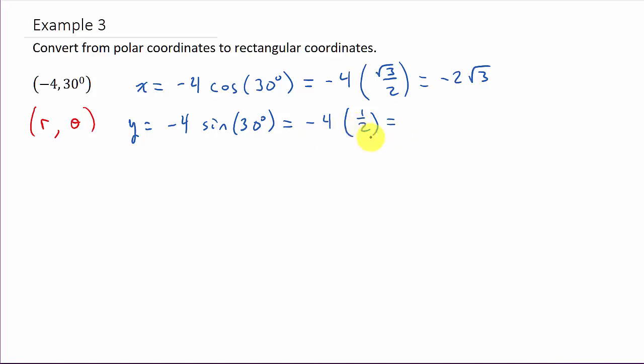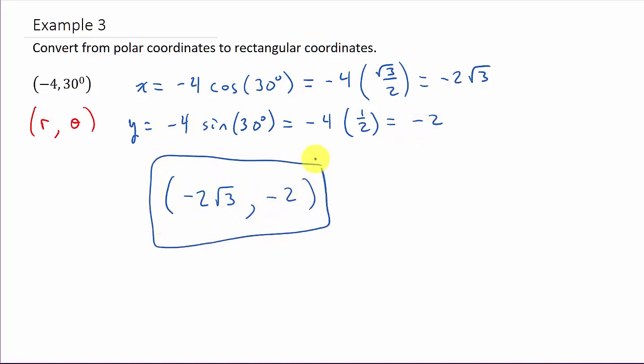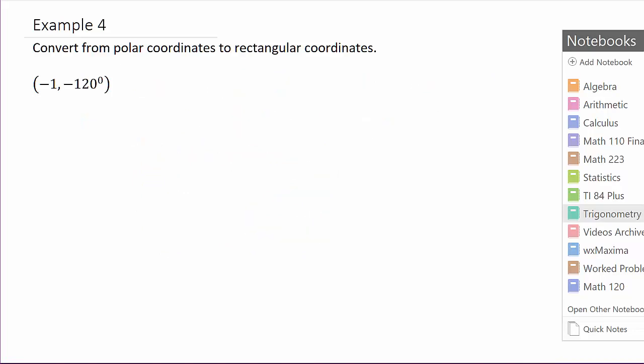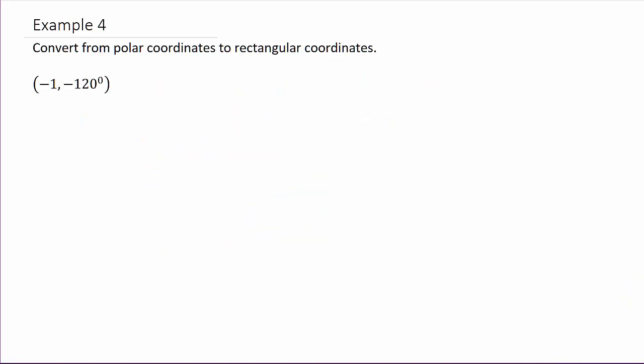So -4 times 1/2 is -2. My x coordinate is -2 square root of 3. My y coordinate is -2. And there's your answer. All right, so now let's take a look at this last one here.